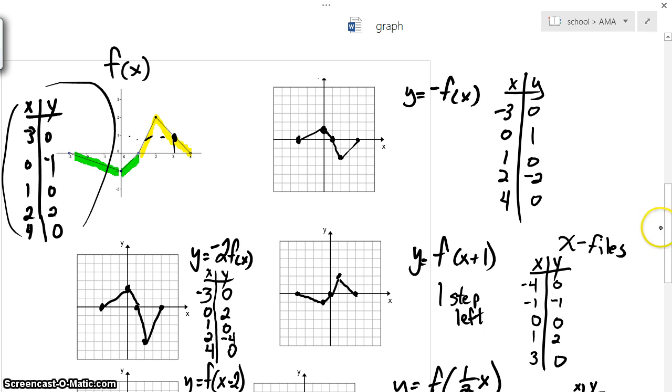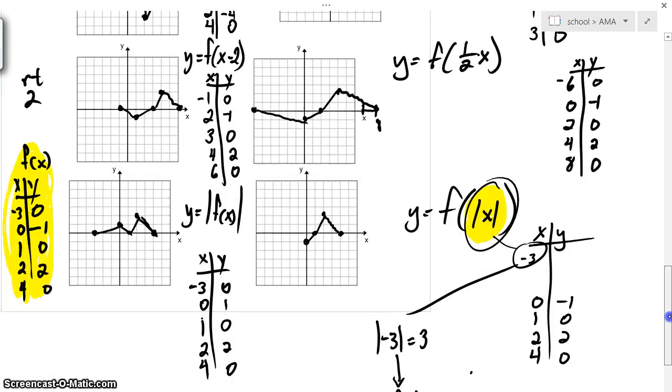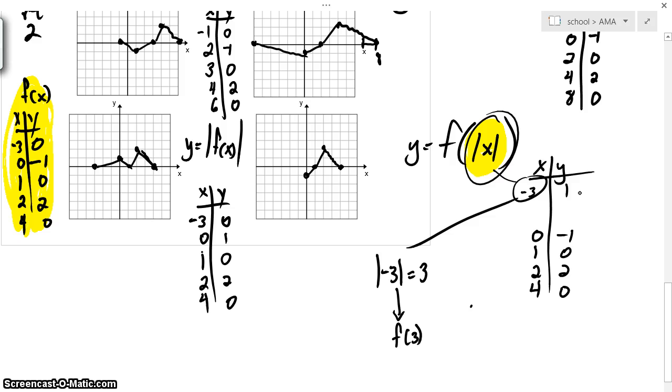But more to the point, what I really want you to see is that for any negative x value, the absolute value will be performed on it, and then we can see very quickly that those negative x values will be transformed into the equivalent of positives. So here's something kind of interesting.